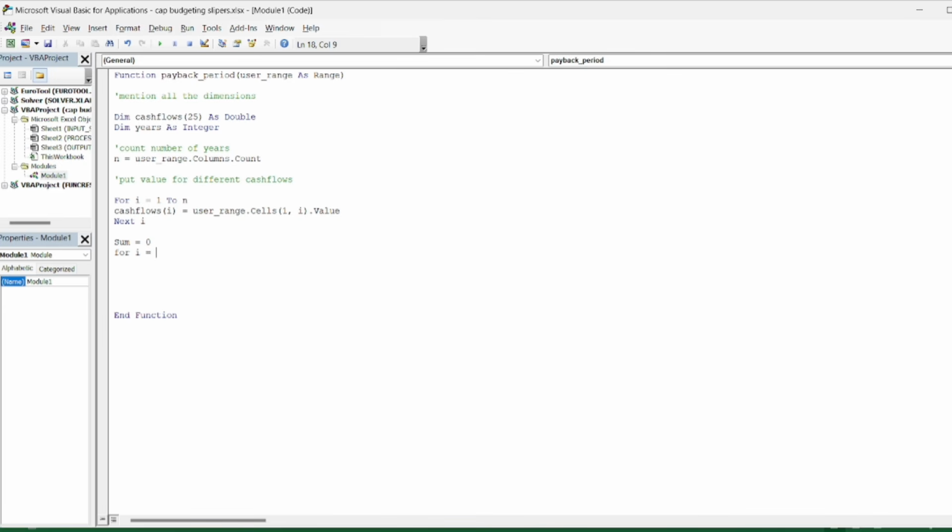For I is equals to 1 to n, sum is equals to sum plus cash flows I, and if sum is greater than or equal to 0, then years is equals to I. So this is the code for the payback period which you have to memorize.